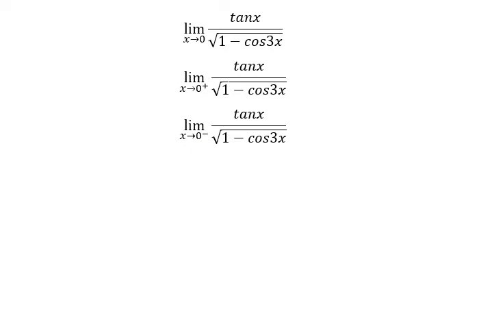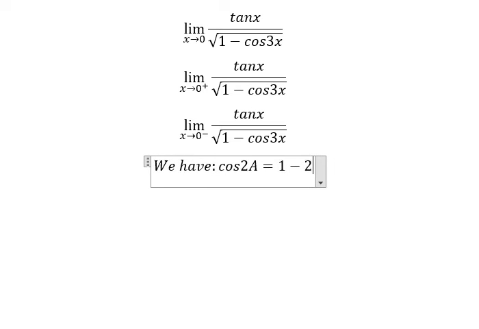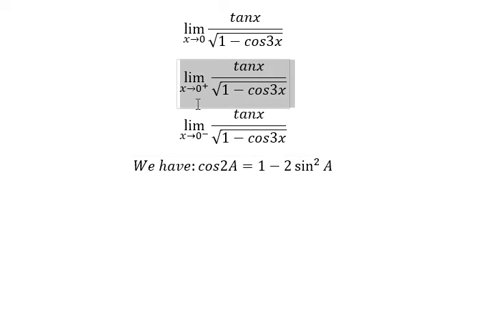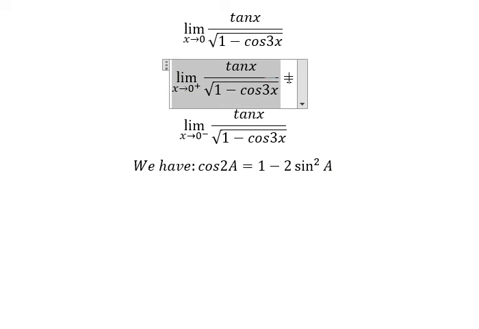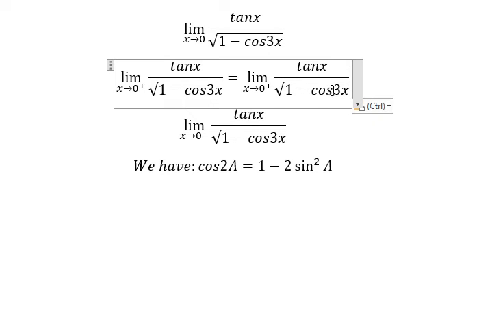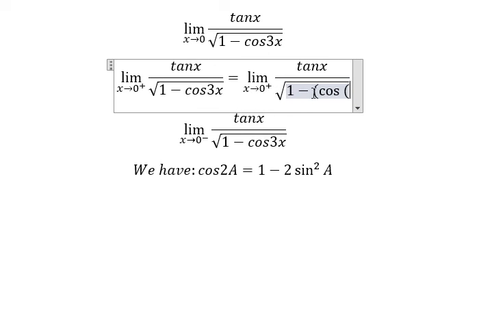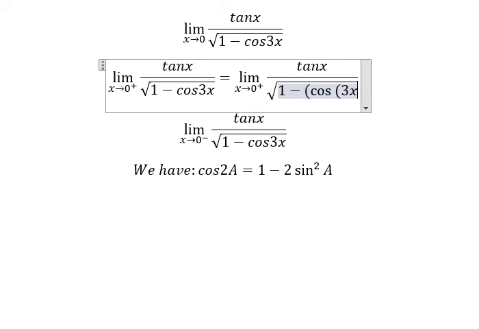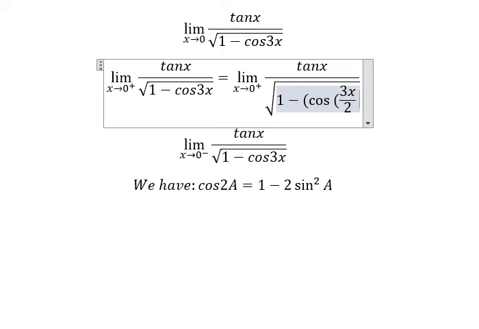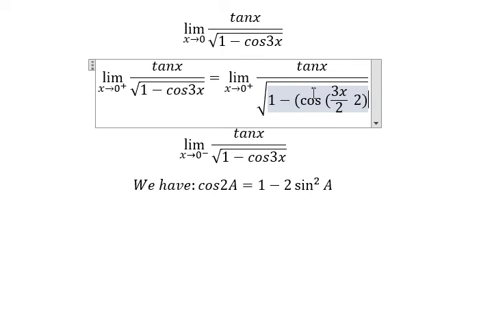So we have the formula in here. For this one, we can see that cosine 3x is about cosine 3x over number 2 multiplied by number 2.